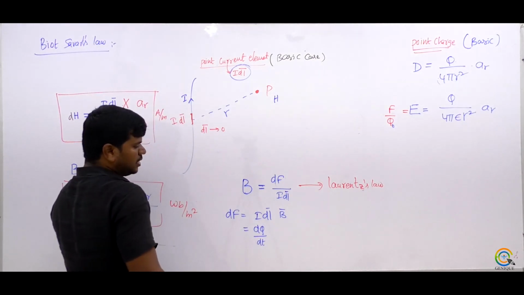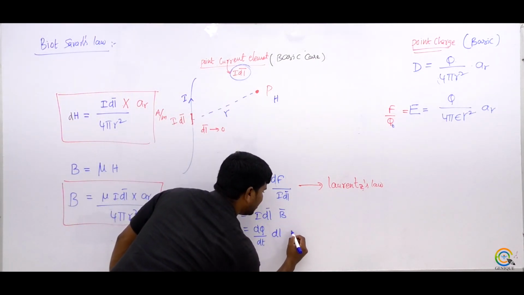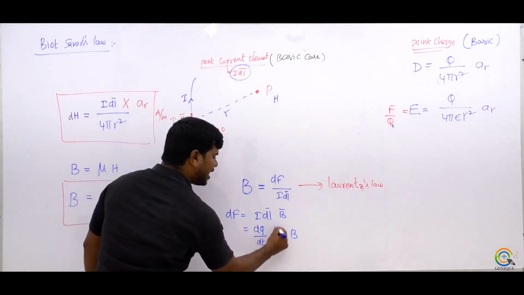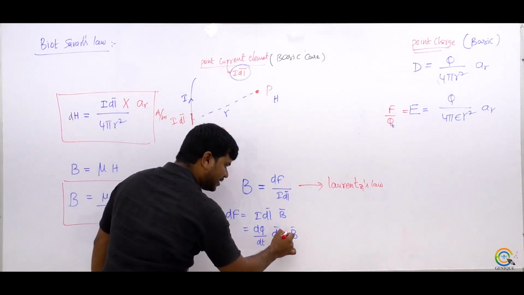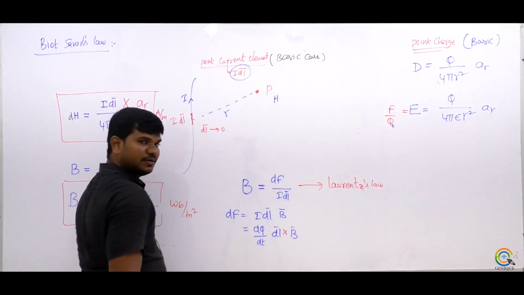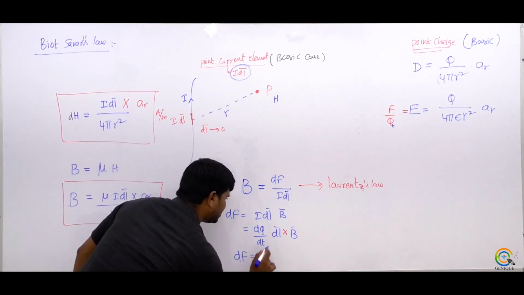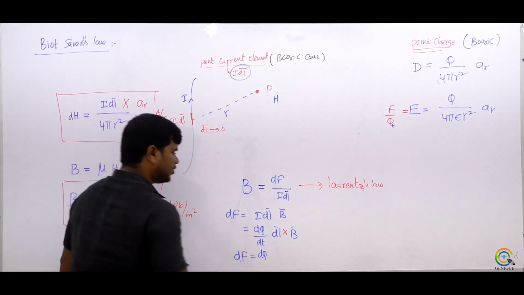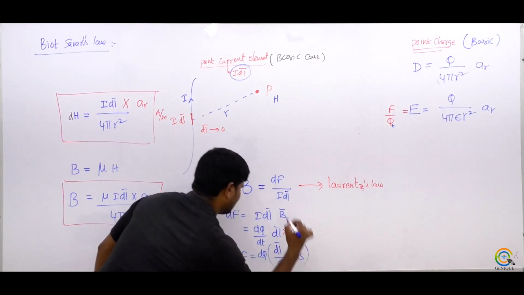Because this is a vector and a vector, I cannot simply multiply them, but I can write a cross product. So what is dF? dF can be written as, taking dq out, dq times dl by dt cross B.